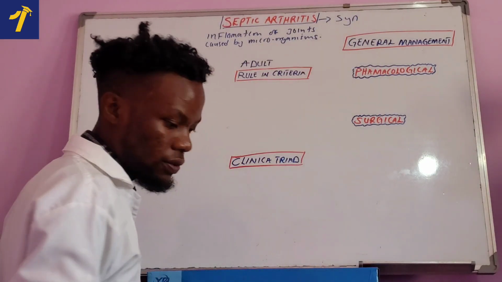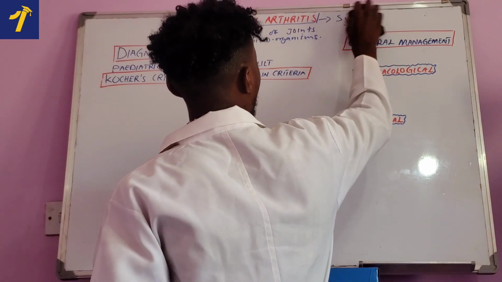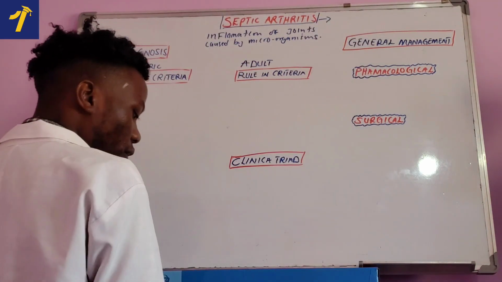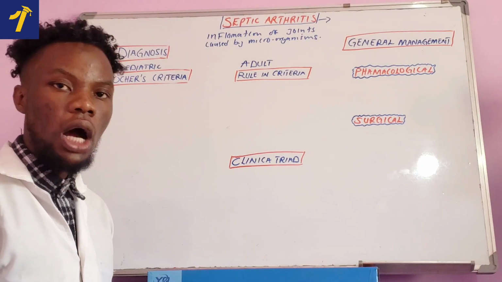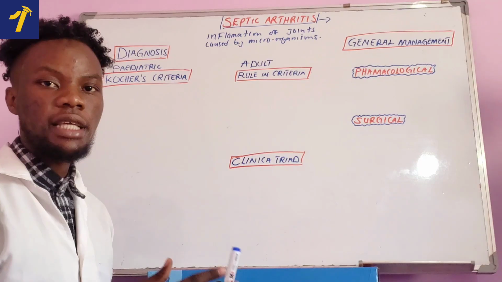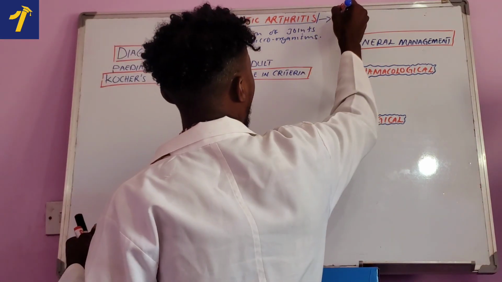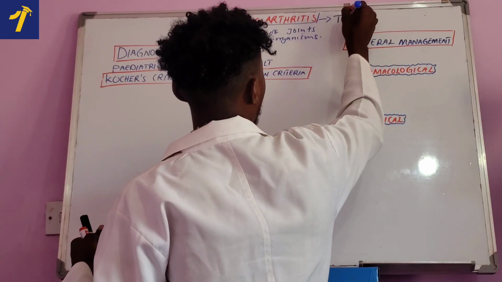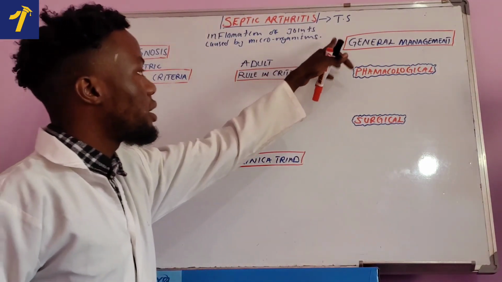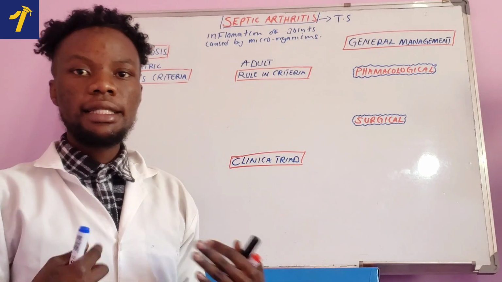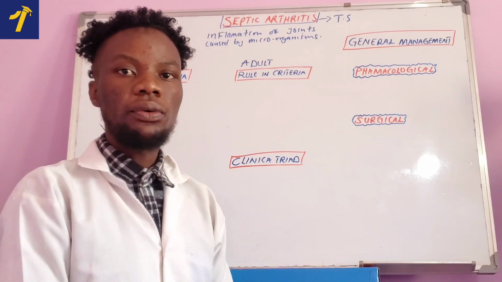So what we're simply saying is that before you go to diagnosing septic arthritis, you need to know how to differentiate transient synovitis from septic arthritis. Transient synovitis, from the word itself, doesn't stay long. It's not caused by microorganisms.